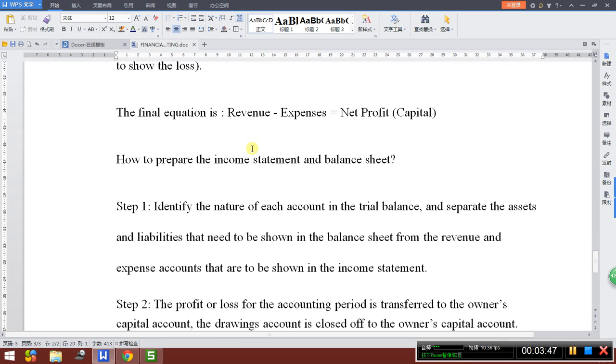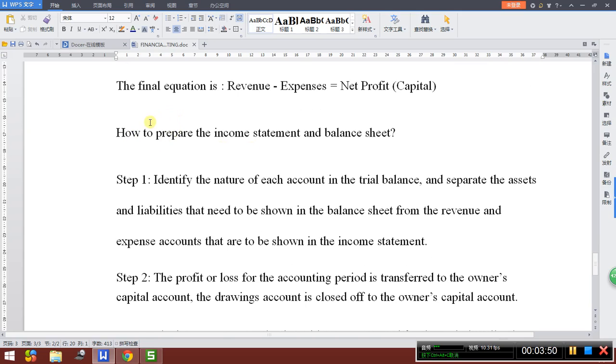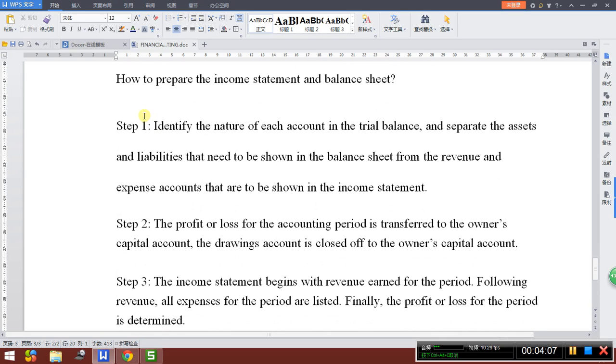Thirdly, I'm introducing how to prepare the income statement and balance sheet of a service business. It is very significant in the whole service business process. It's also divided into 3 steps. Step 1, identify the nature of each account in the trial balance and name it, whether it belongs to assets, expenses, liabilities, equity, or income.